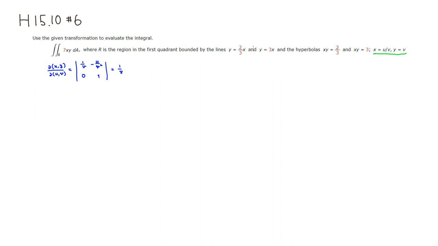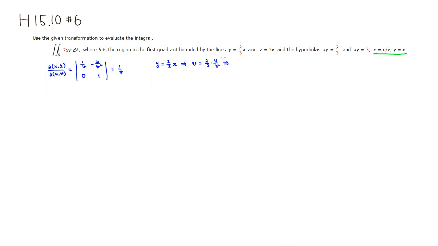Then we want to convert these boundaries. For y equals 2/3 x, use the substitution: y is v, and x is u over v. So v equals 2/3 times u over v.